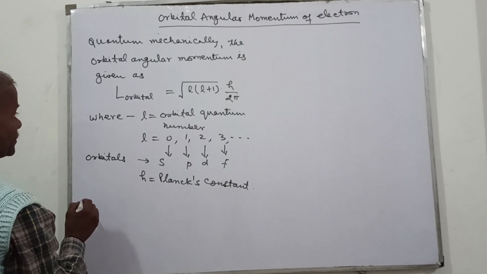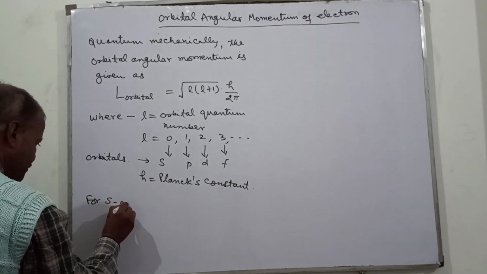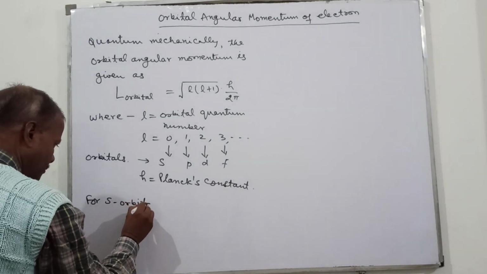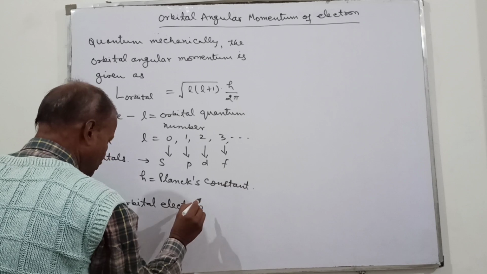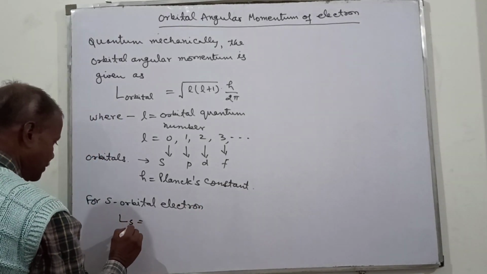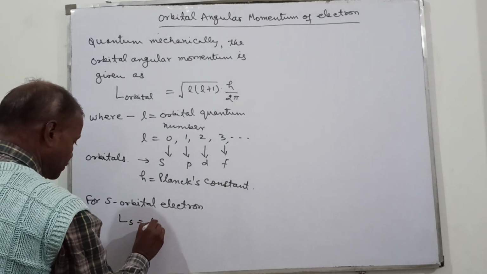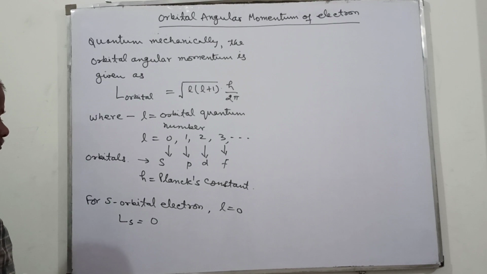So now for s orbital electron, Ls equal to 0 because here we have l equal to 0.